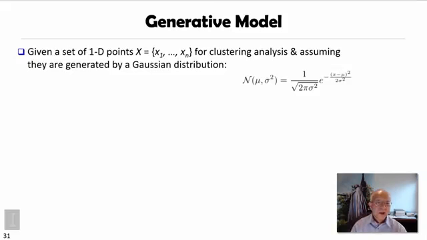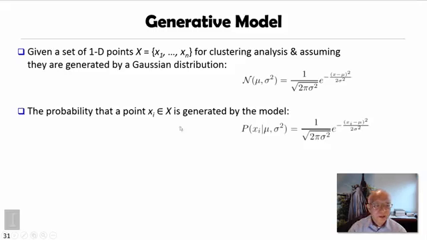Given a set of one-dimensional points x, we can assume they are generated by a Gaussian distribution like this. That means using different mu and sigma, you may generate the distribution according to the typical normal distribution or Gaussian distribution formula.